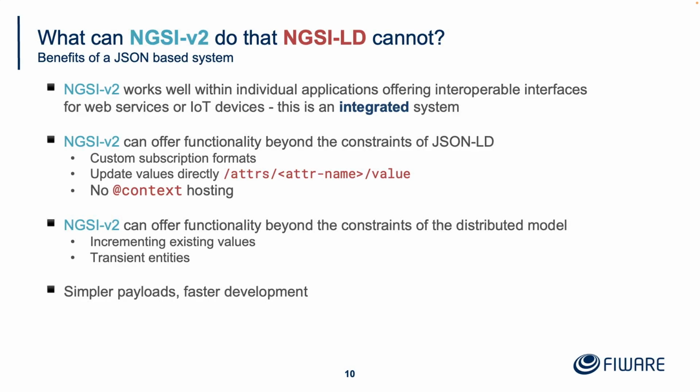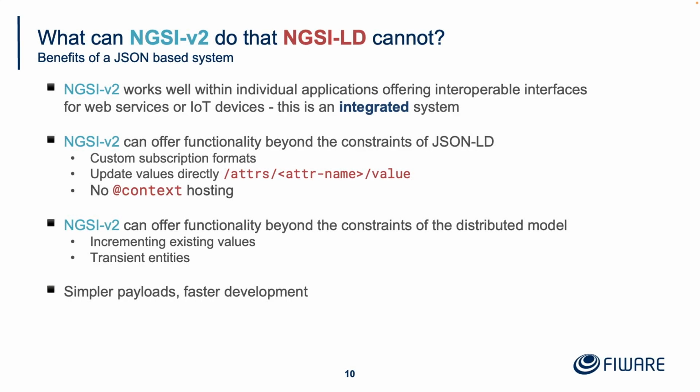So there are things like custom subscription formats. You can use Jexl, for example, to output your data into the format of your choice. And of course, you have absolutely no need for any of this context hosting.